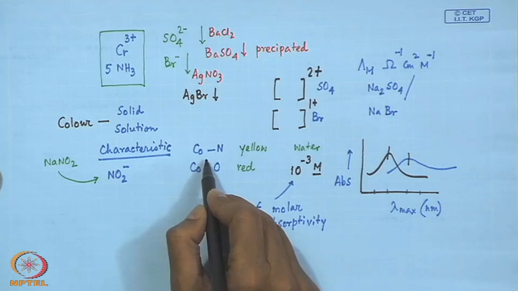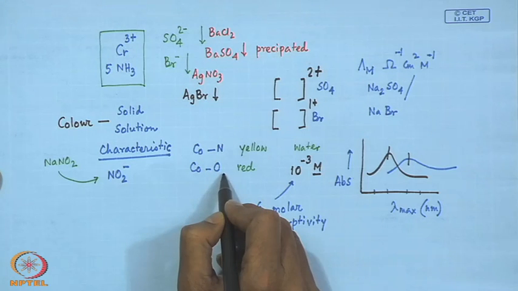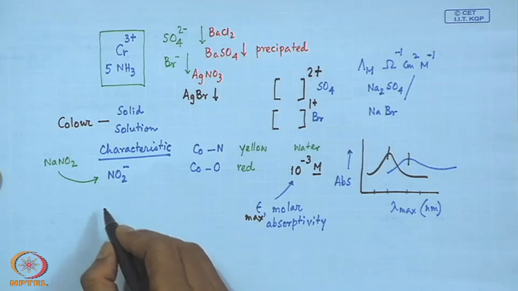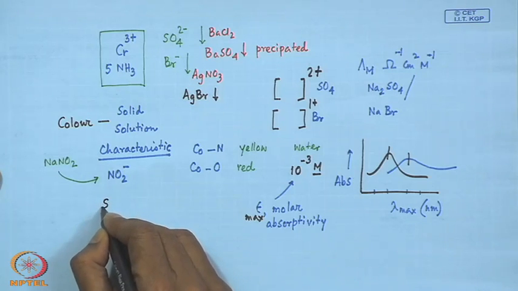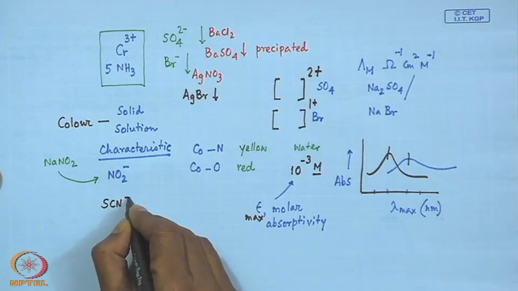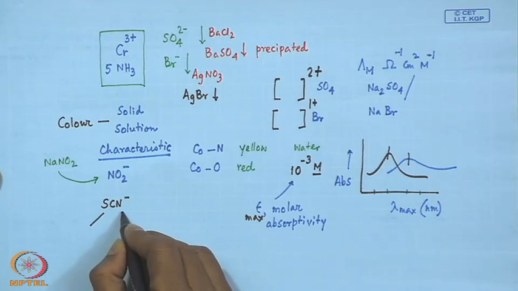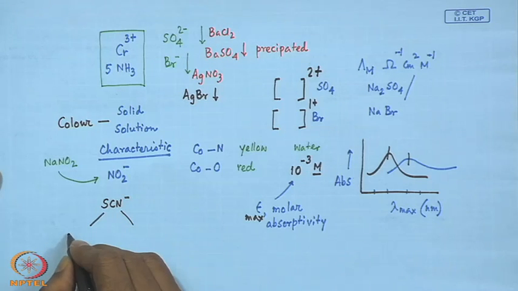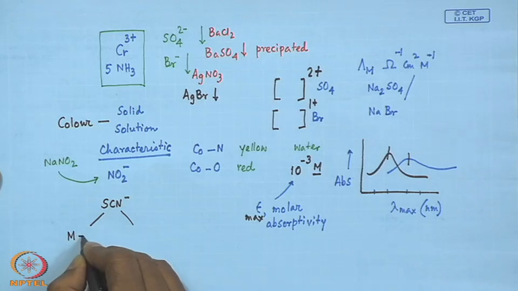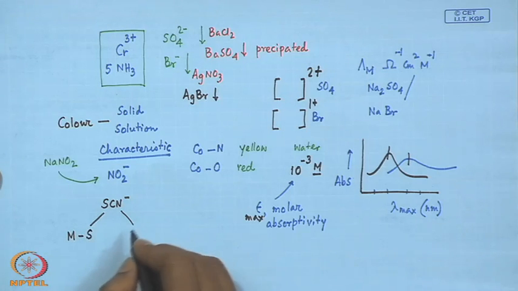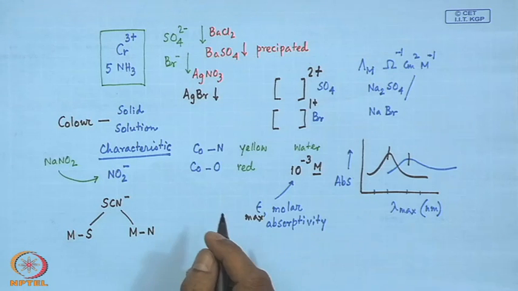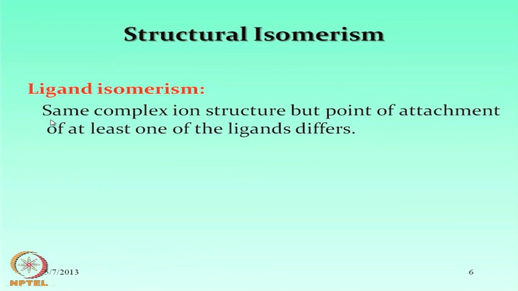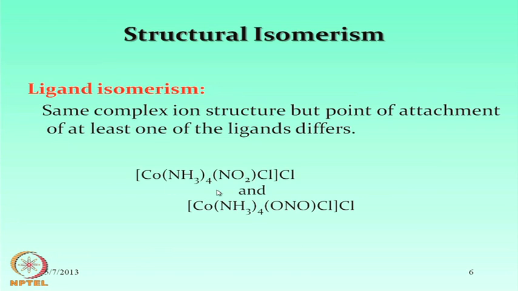In one case we have nitrogen binding, and in another case oxygen binding, so we can have two different compounds, like that of the thiocyanate anion. We can have the metal-sulfur bond if it is attaching through sulfur, and the metal-nitrogen bond if it is attaching through nitrogen.